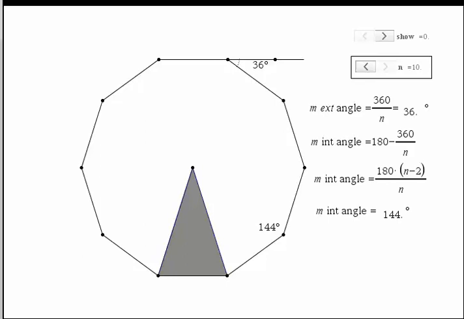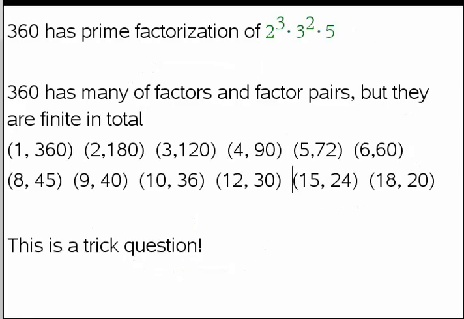Okay, you're still a little bit confused, so you ask her to explain it to you one more time. She flips the note over, and on the back she starts writing some numbers. She says 360 has a prime factorization of 2 to the third power, times 3 to the second power, times 5. Okay, which means it has a great deal of factors and factor pairs, but those are still finite.